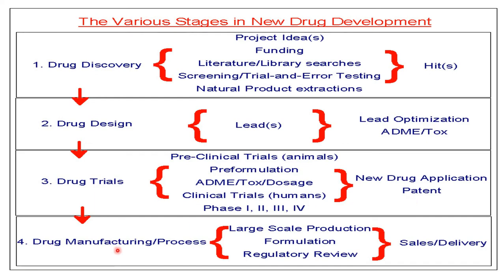And finally, we are going to the final step, that is the drug manufacturing process, which includes the large-scale production, formulation and regulatory review. And this forms under the sales or the delivery, that is the FDA, and the next step is pharmacovigilance. So these are the compact steps of a new drug development after the drug discovery process.